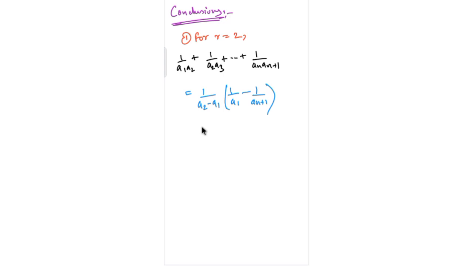Alright, so you can simplify this if you need it, or you can just put it in this way: 1 by a2 minus a1 into 1 by a1 minus 1 by an plus 1.